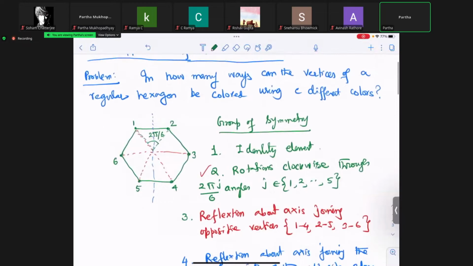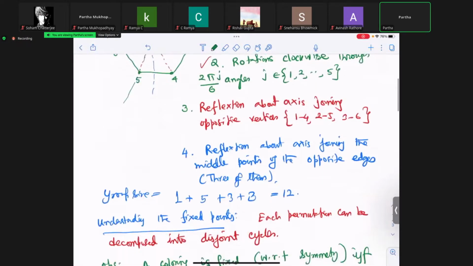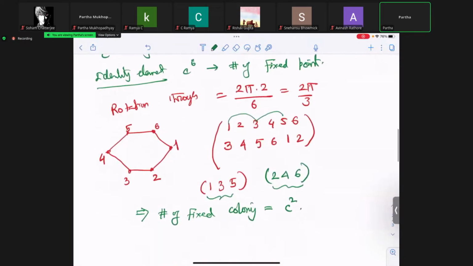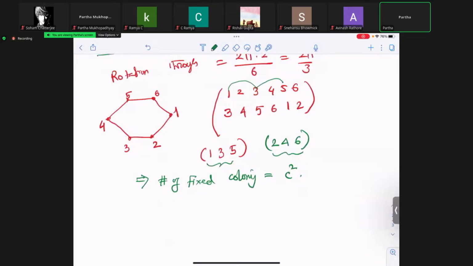I think it's a good exercise to take one from the rotation group and one from the reflections. It's basically the same computation. You can reflect along the axis joining opposite vertices, and you can reflect along the axis joining opposite edges.